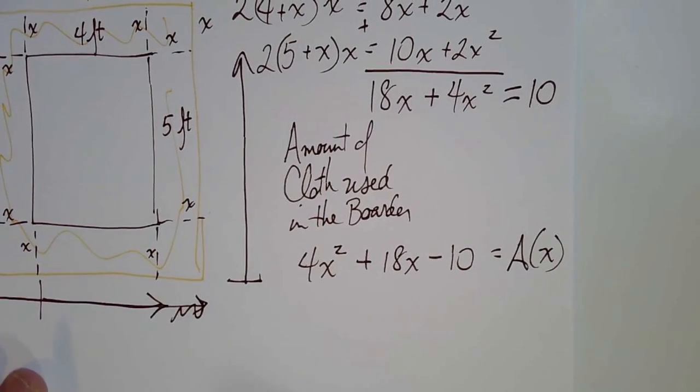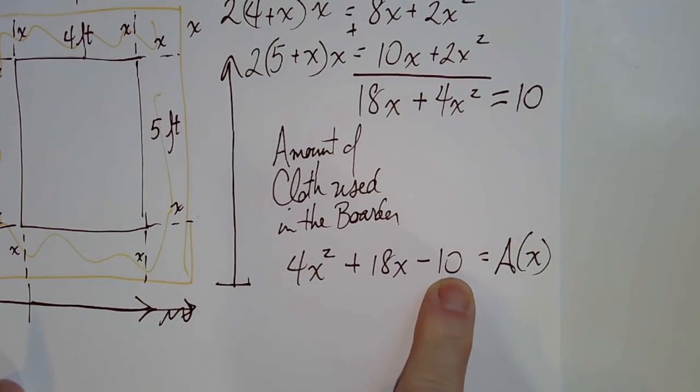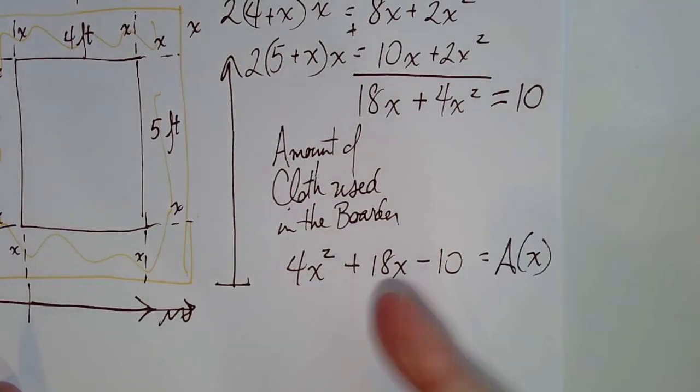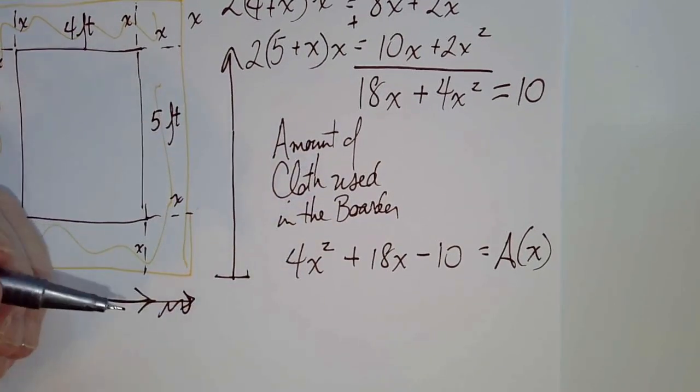Okay, sorry about that. I want to see, where does this thing equal 0? When the left-hand side equals 0, we'll know that we have an equal amount, and therefore we've got the full 10 feet squared used up.